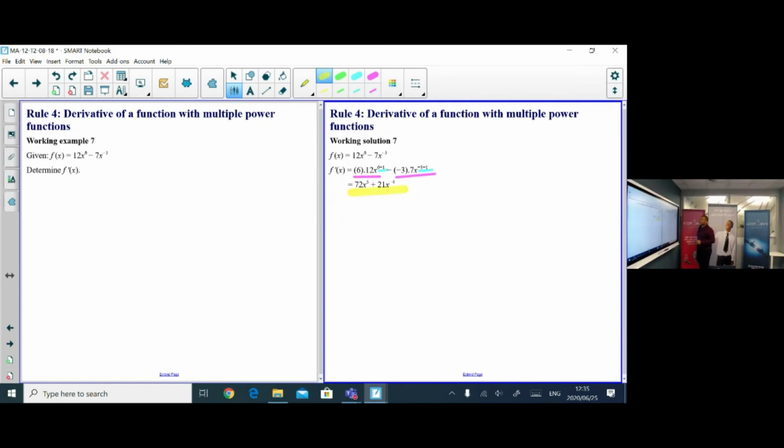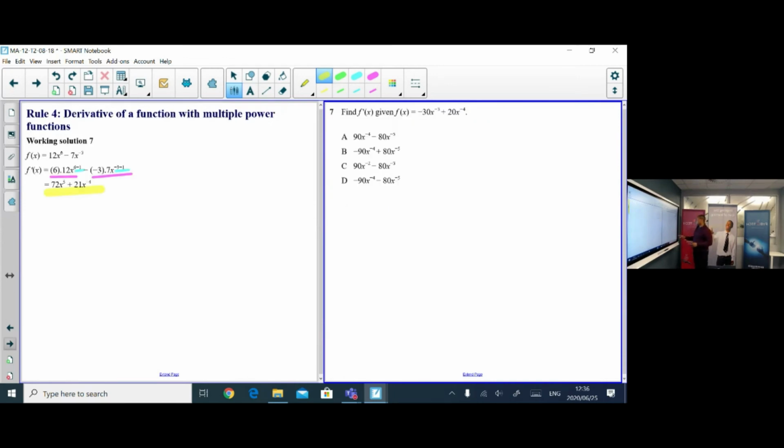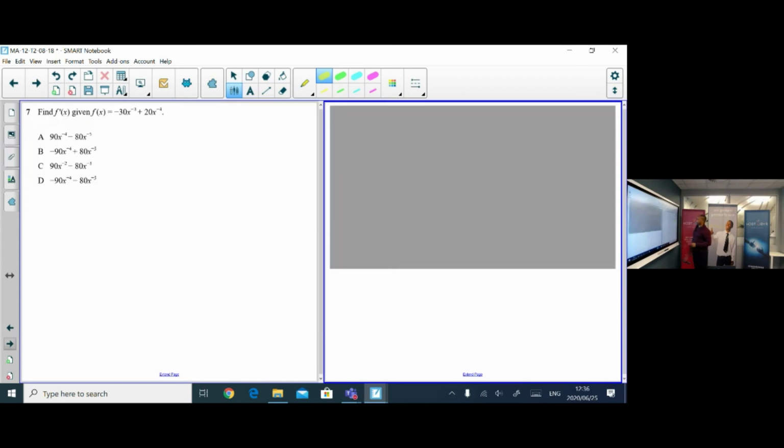So that will give us our final result. So nothing has changed except that we are dealing with two power functions in one expression.